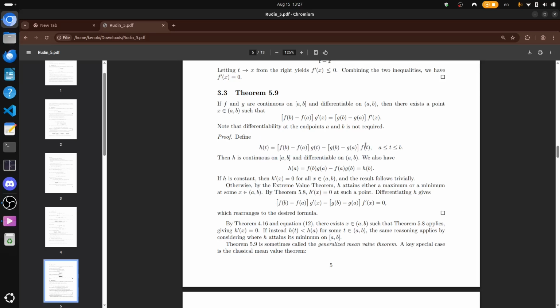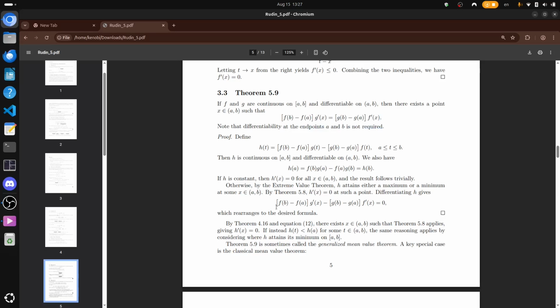Because when this is 0 and you take this to the other side, you're going to get this expression. That's also another part of the strategy, right? If you want to construct this expression, you want to subtract them so that when it's 0, you can find a maximum, which is going to give you this expression over here. So we want to find h prime of x equals 0.